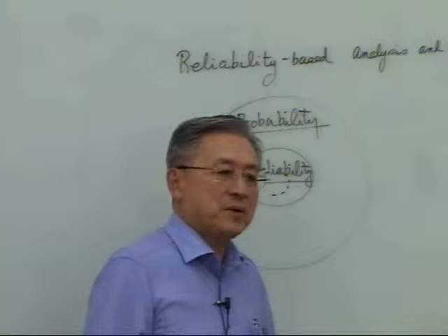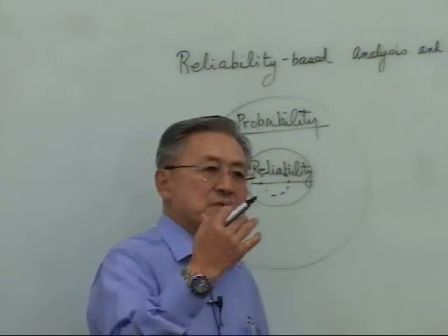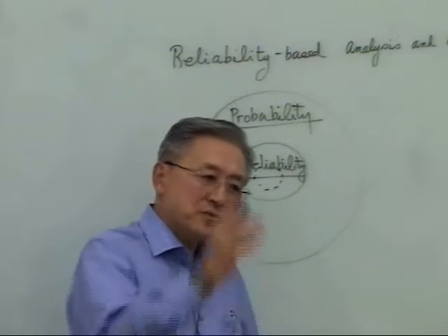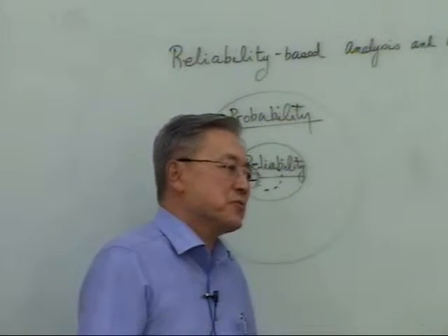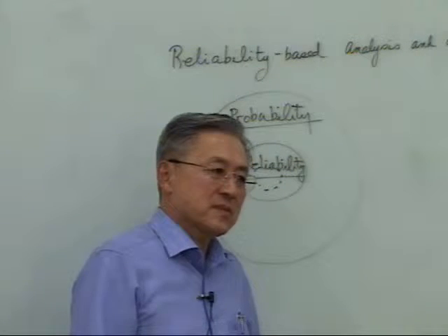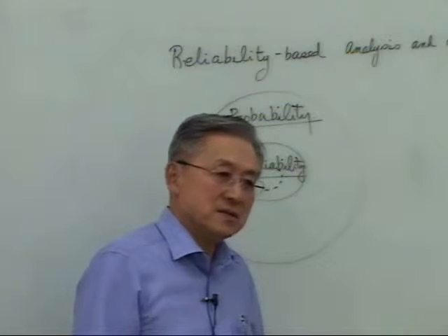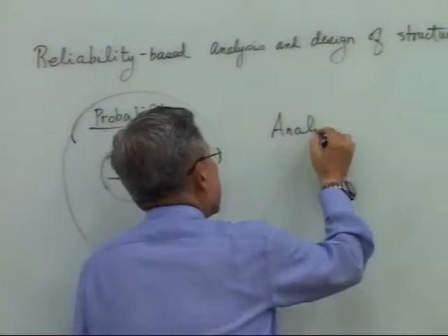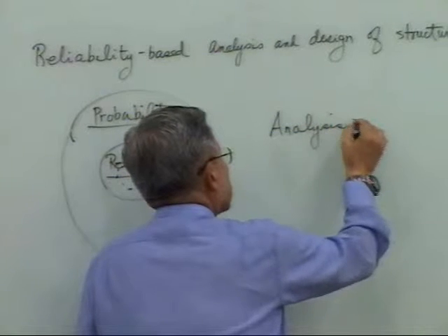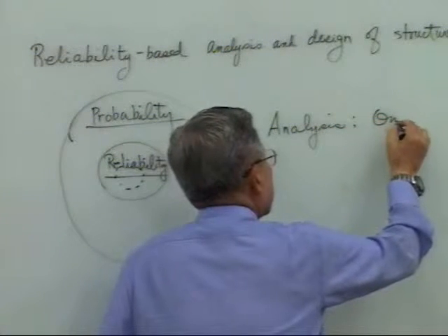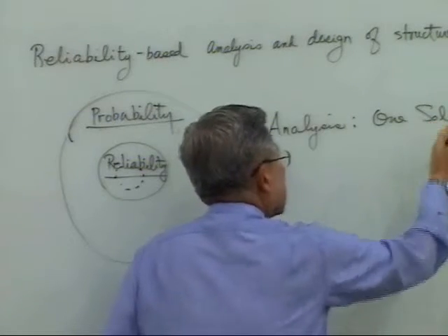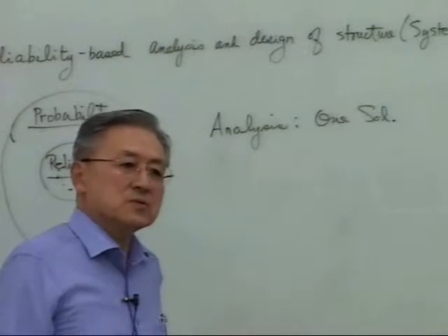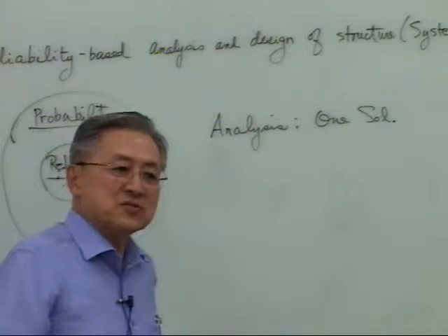You are very happy because you are looking for one result, not two or three results, which is called analysis. For the analysis, you always look for one solution, not two solutions.